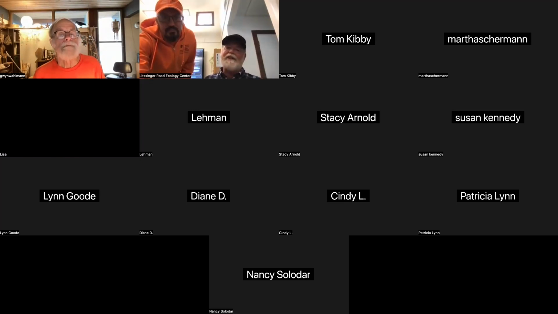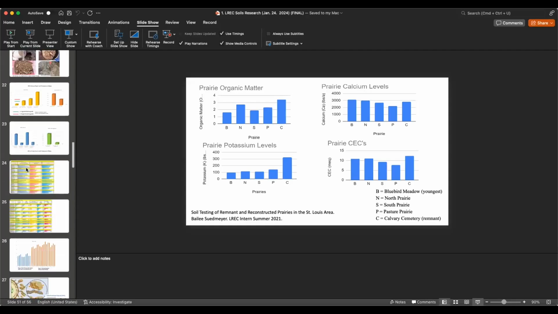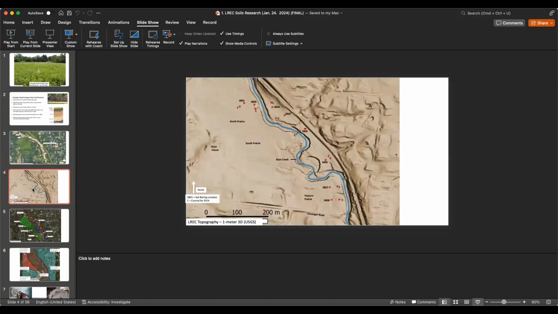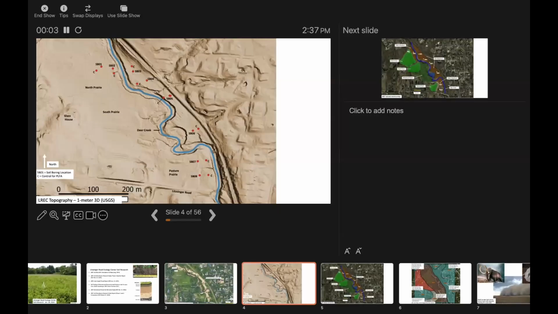It does show some of the old side channels that were present, but nothing like what Fisk did on the Mississippi River floodplain. I was trying to do that out at the Creve Coeur Lake area because I have some old historical maps and tried to map the old channels, but it gets a little iffy.